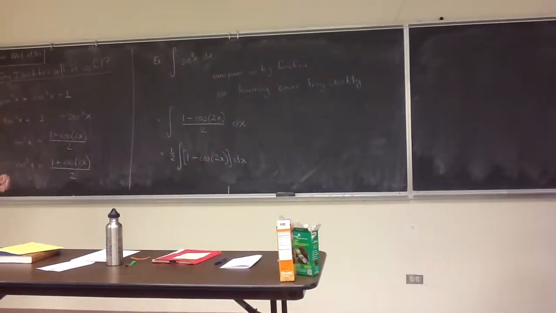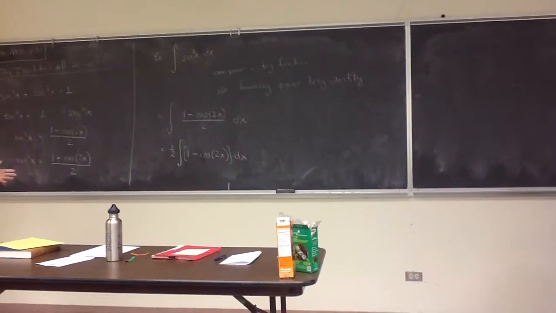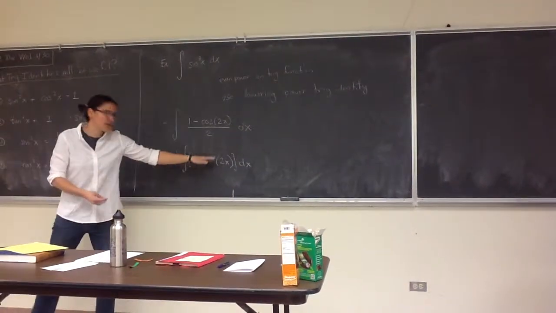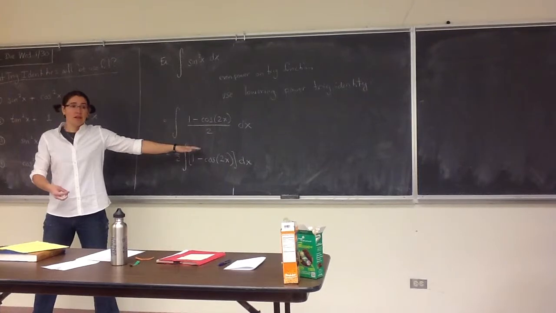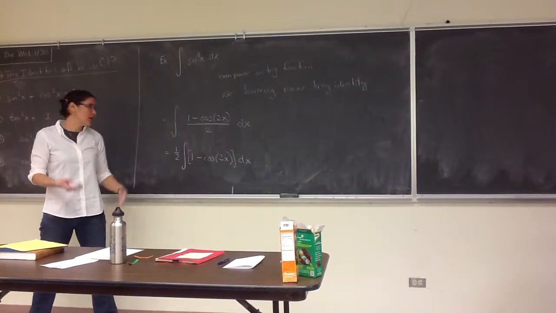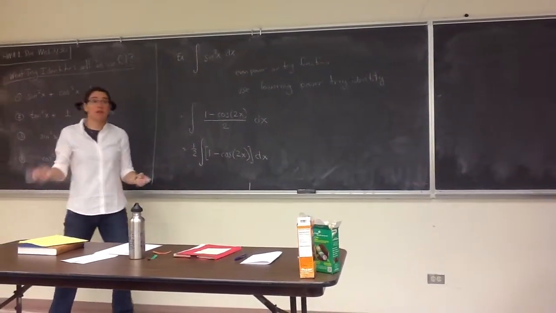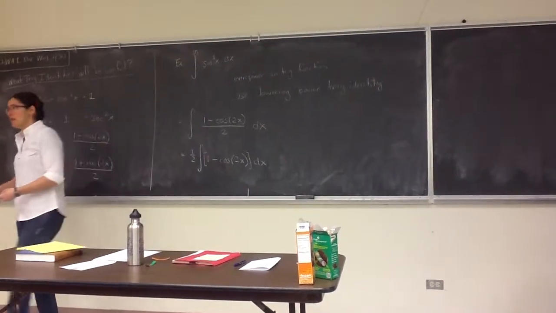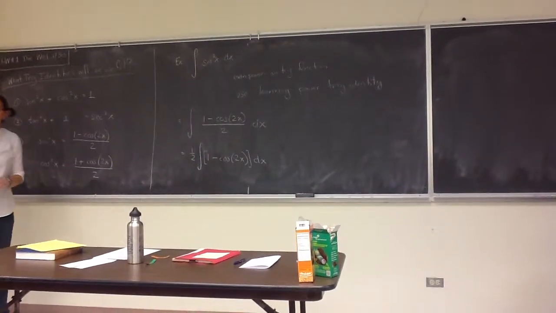Alright, so now I look at this integral, and I say, okay, what am I going to do with this? I now have a trig function raised to a first power, so that's good. The next thing I would say is, okay, what do I want to do next? So I'd like you to turn to one of your neighbors, and ask your neighbor what they would do next. What would you do?